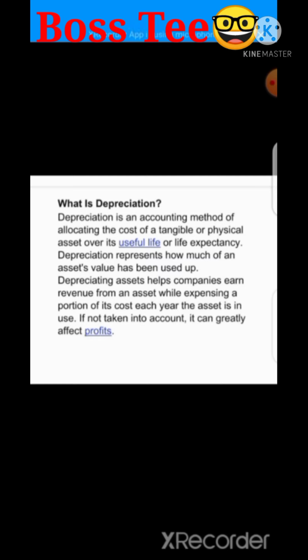Okay, we move. In this particular course, we'll be defining depreciation as an accounting method of allocating the cost of a tangible or physical asset over its useful life or life expectancy. Looking at this definition, it is similar to our common definition for our students, which talks about the reduction in the economic value of an asset.